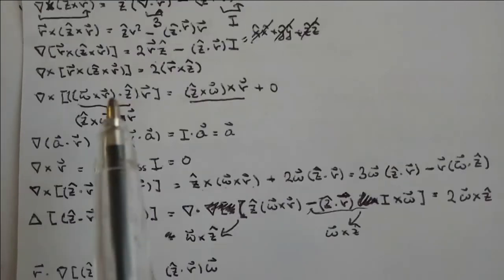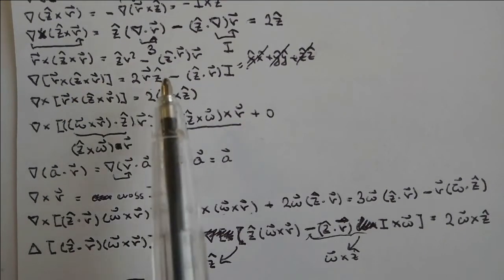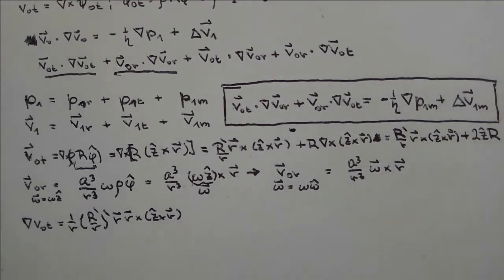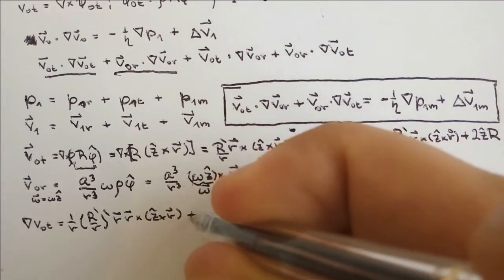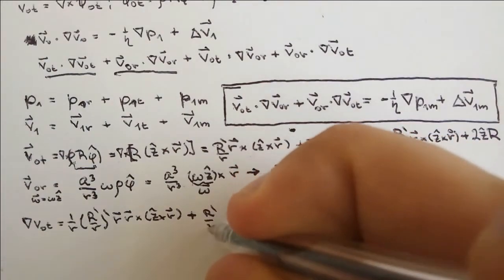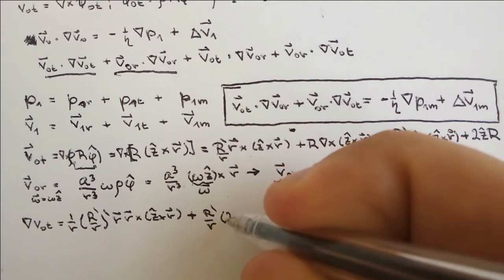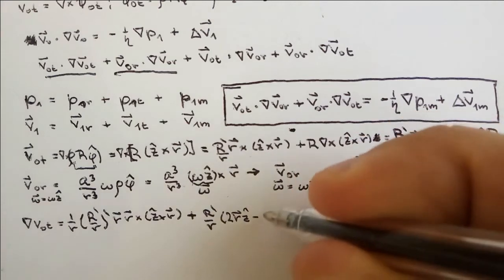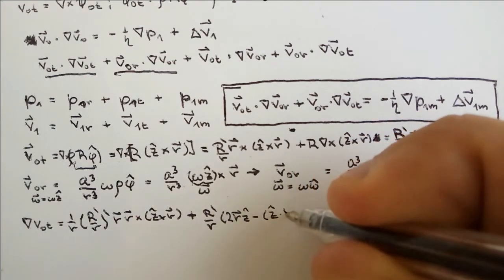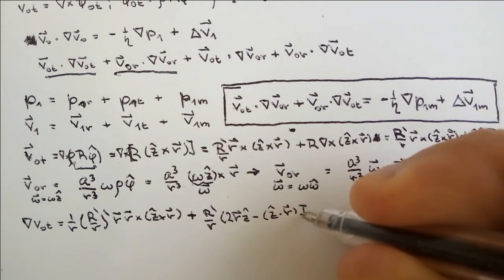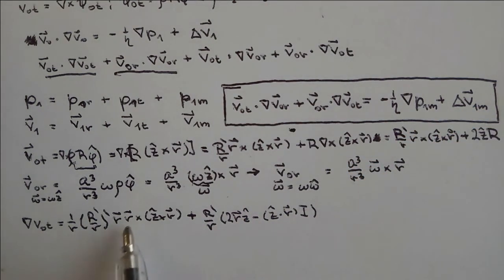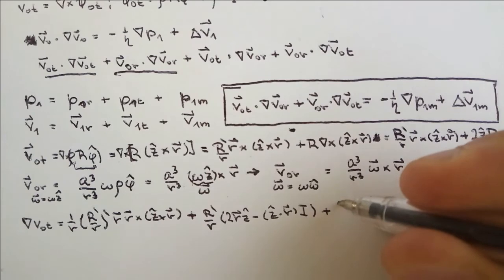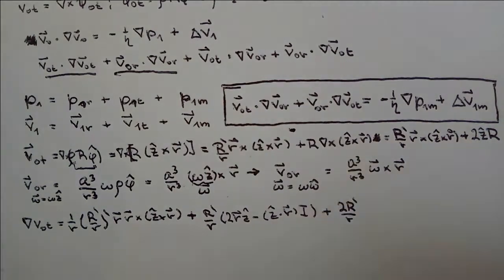It's 2 times r z minus this, so I think it will be just plus r prime over r times 2 times r z hat minus z dot r vector times the identity operator, and the last term is coming from taking the gradient of this, which is 2 times r prime divided by r times r.